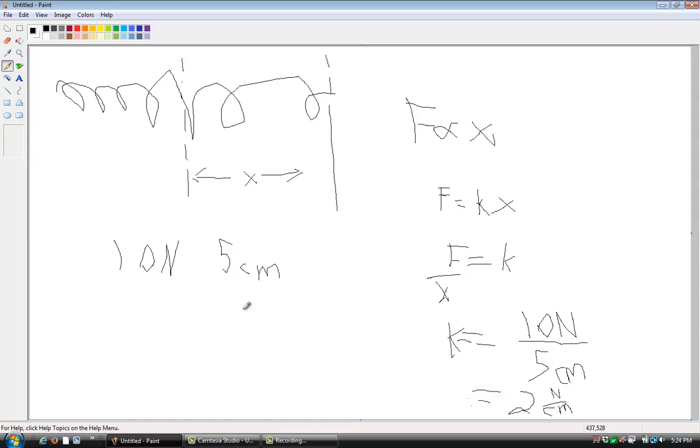Then it will ask, what force would I experience for a displacement of 3 centimeters? Or it may ask, how far do I need to displace the end to experience a force of 15 newtons? So let's do that last one. We have 15 newtons. Whoops, that's a mess. Let me erase that again.